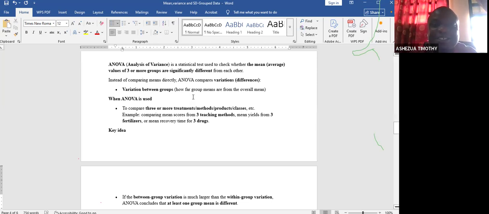So let's make progress. For ANOVA, it is used to compare 3 or more treatments or methods. The people in agriculture, if you come to my university here, especially crop production and animal production, they use ANOVA a lot.